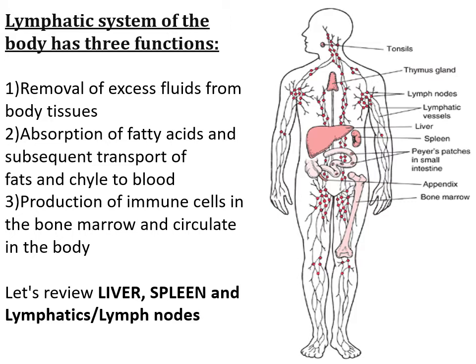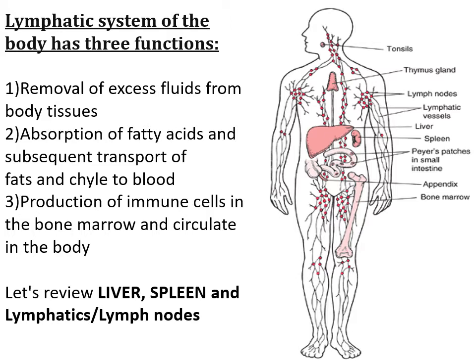There's little patches in your gastrointestinal tract that are considered part of the lymphatic system called Peyer's patches. The appendix actually is considered, we don't actually know the entire role of the appendix, but that is considered part of the lymphatic system. And your bone marrow, where all your circulating cells are produced. Okay?